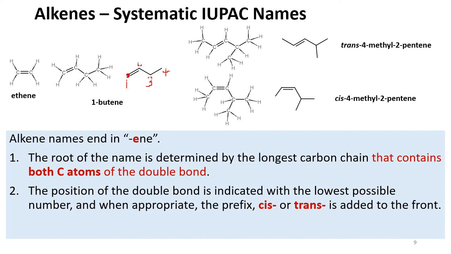That gets us to the double bond faster than if we started at the other end and counted 1, 2, 3. So it's 1-butene, not 3-butene. We choose the lower number. It's always going to be 1-butene.